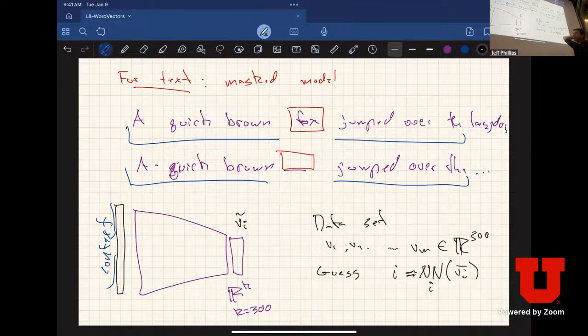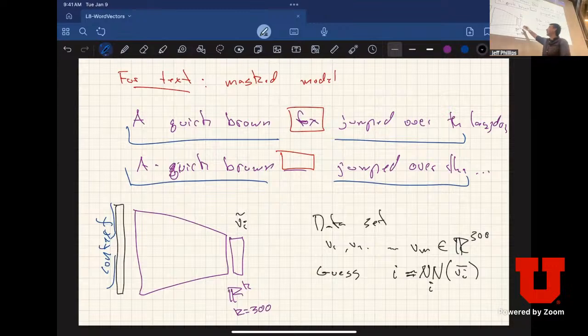Okay. And so if it's not the right word, well, then I say I want to move this vector closer to the right word and further away from the word that was similar. And that sends some gradients back through here, and I do some backpropagation, and I learn the parameters here. Okay. And so I've done this. I've learned the context without building this 100,000-dimensional vector.